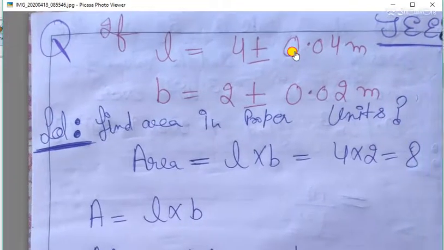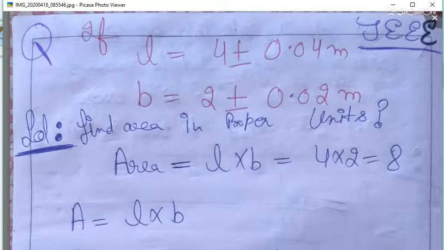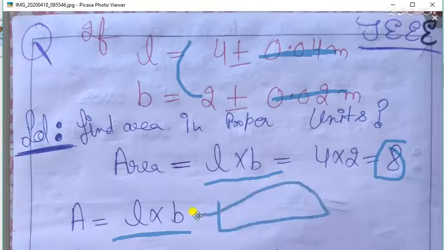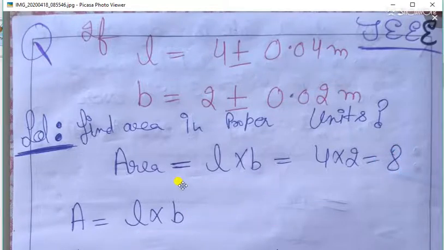If this error part is not given, then we can calculate the area easily by multiplying 4 into 2. So A is equal to L into B. We know the area of a rectangle is length into breadth.